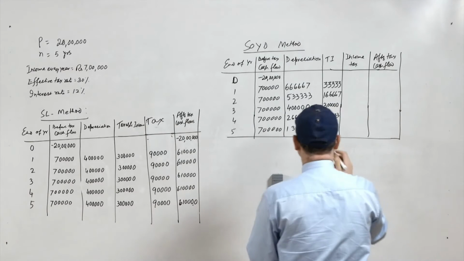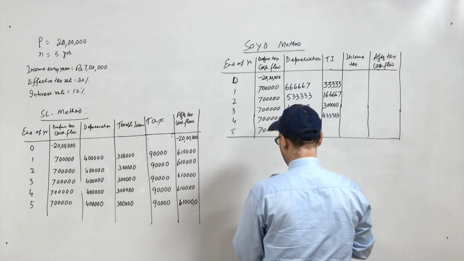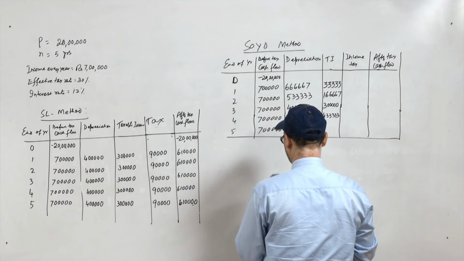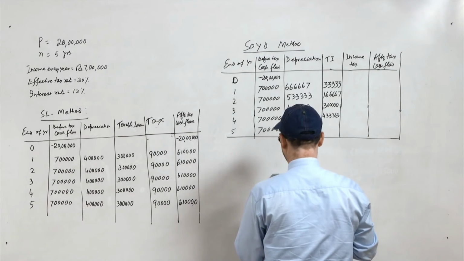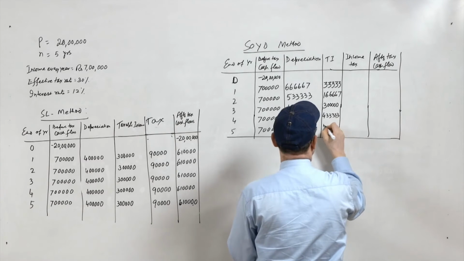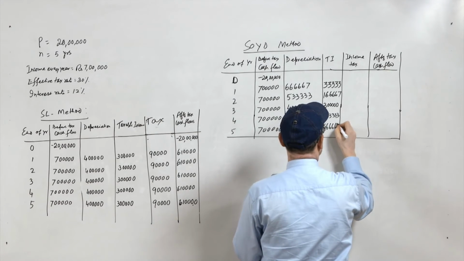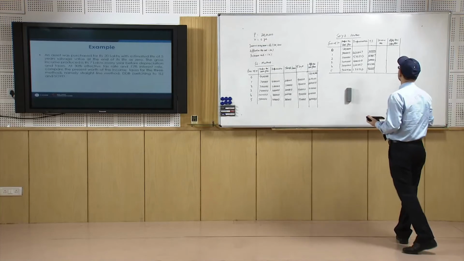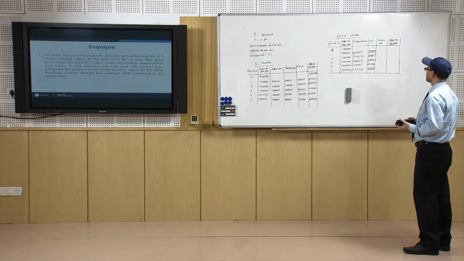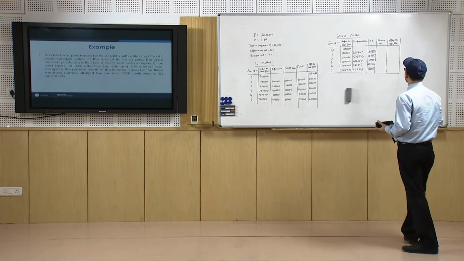And then 7 lakh minus 1,33,333 will be 5,66,667. This is how your taxable income is calculated.